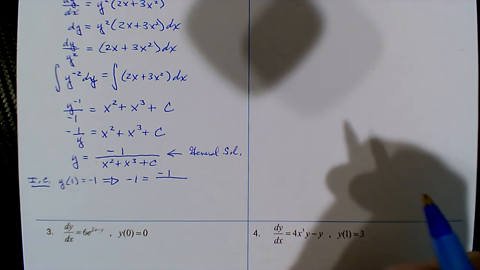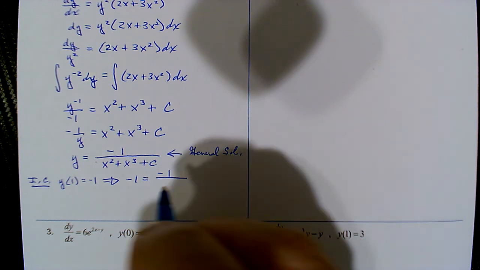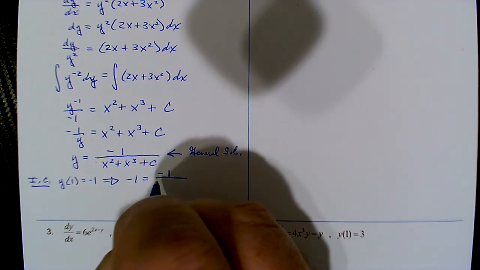So then we have that negative 1 equals negative 1 over 2 plus c.